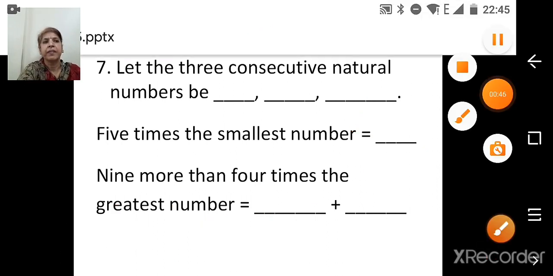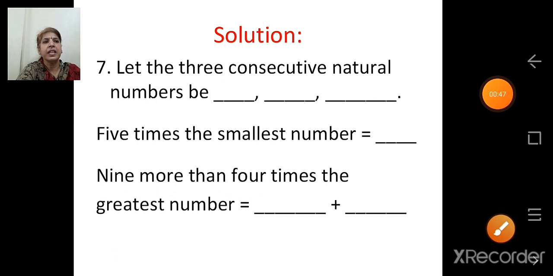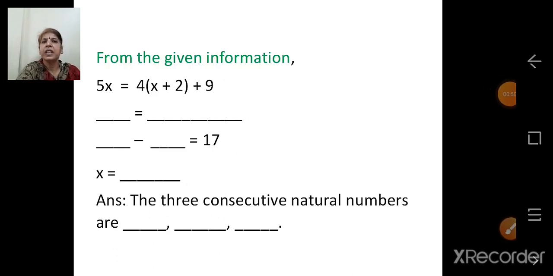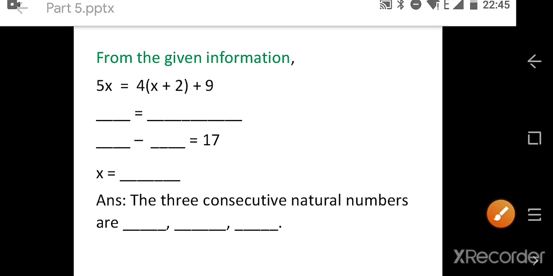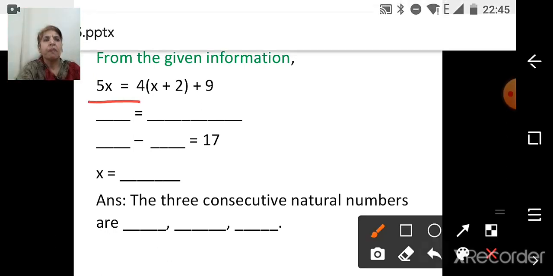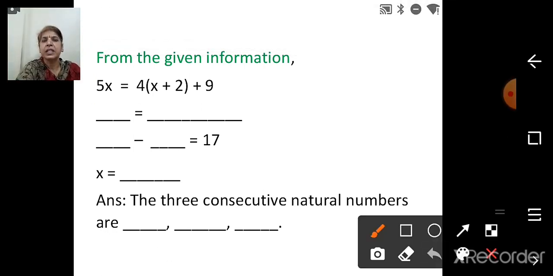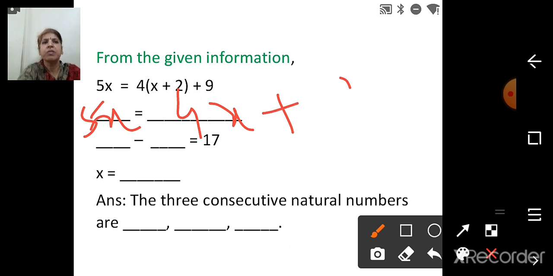From the given information, 5 times the smallest, 5X, is equal to 4 times the greatest plus 9. So 4 in bracket X plus 2, plus 9. Now solve, children. 5X is equal to, opening the bracket, 4 into X, 4X, plus 4 into 2, 8, plus 9.